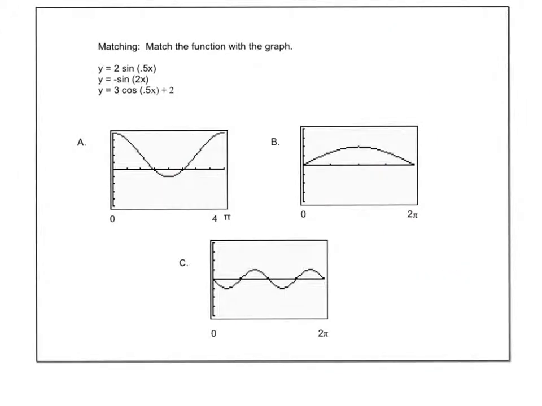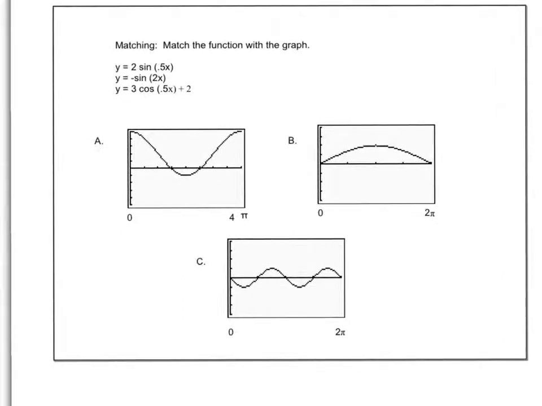On this page, we're matching some graphs with their equations. First of all, 2 sine of half x. I need my amplitude to be 2, so I can see on letter B that the height of my graph is at 2.